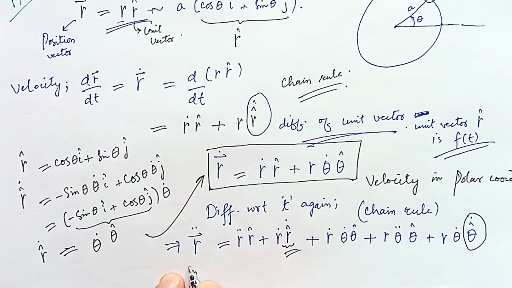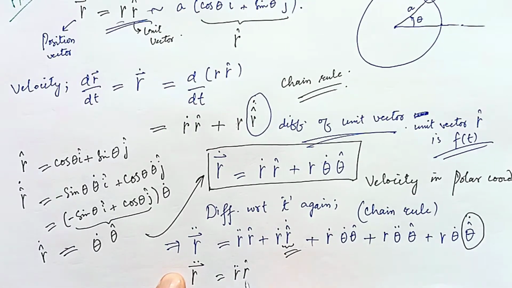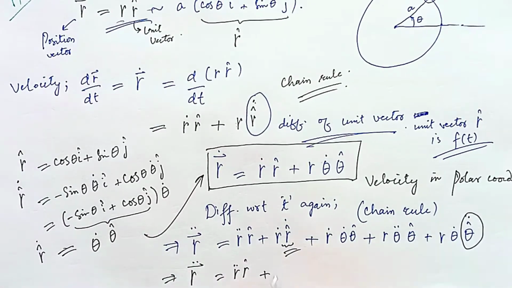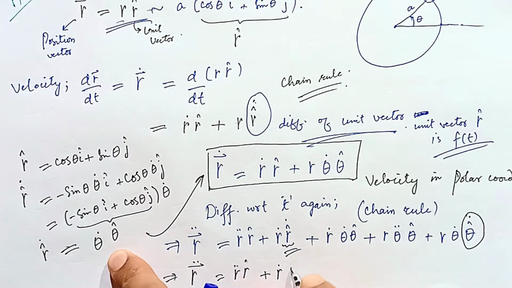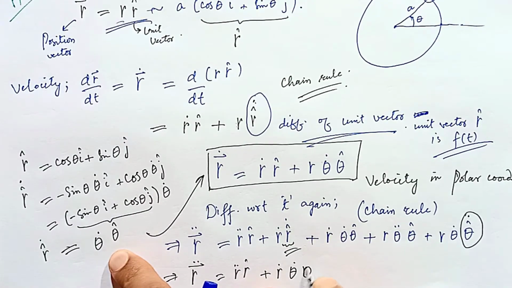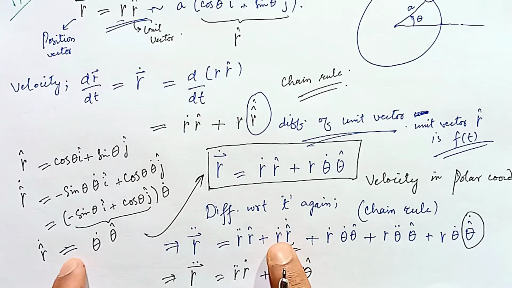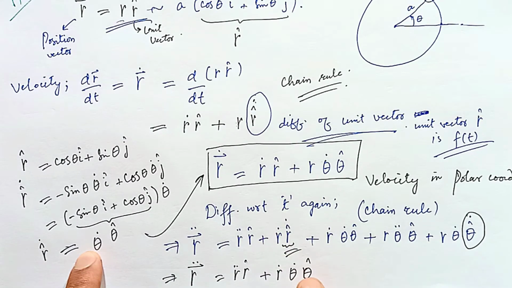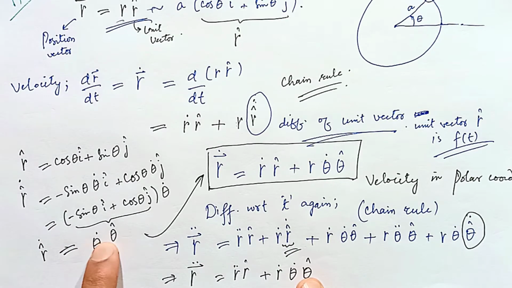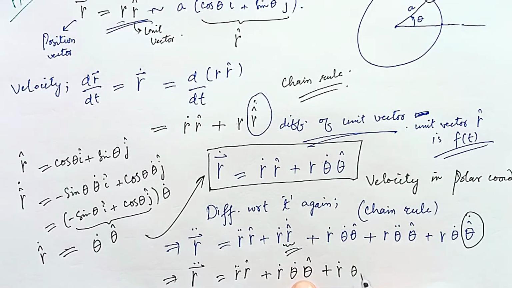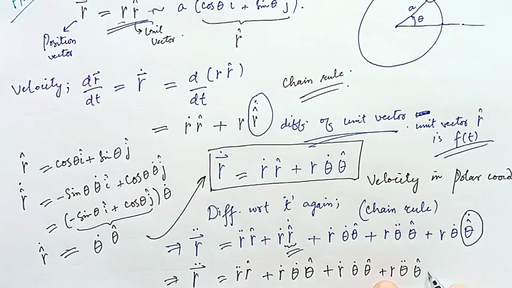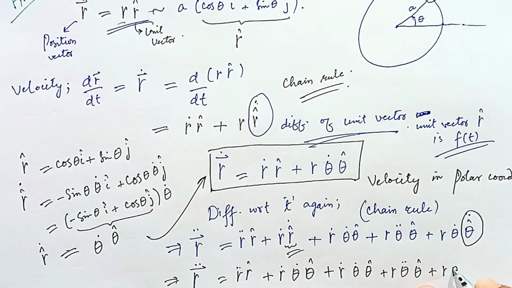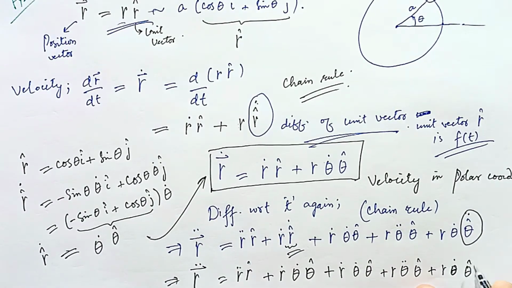So r double dot will be equal to r double dot r hat, plus r dot times r hat dot, substituting theta dot theta hat, plus r dot theta dot theta hat, plus r theta double dot theta hat, plus r theta dot theta hat dot.